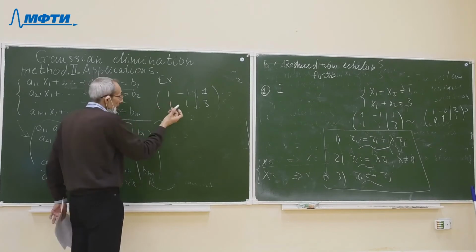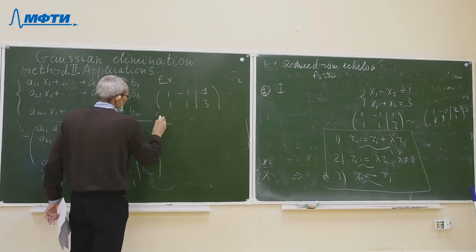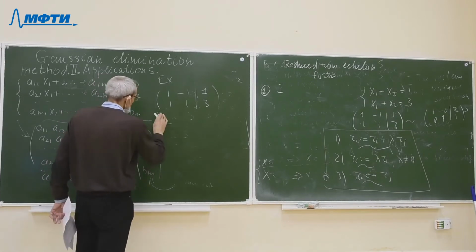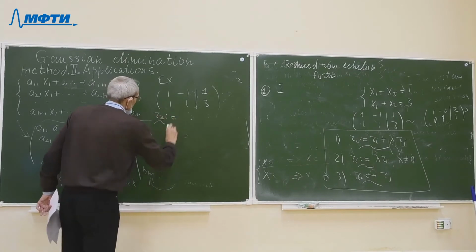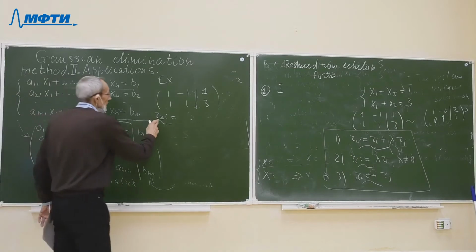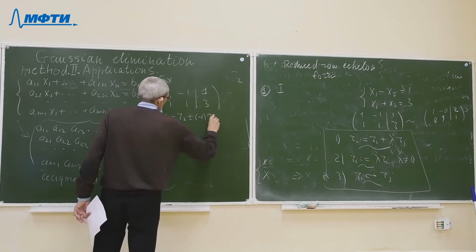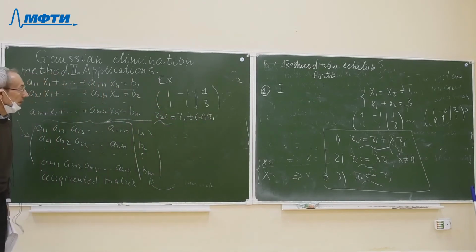It means that we use the following operation: we put the second row equal to the second row plus minus 1 times the first row.